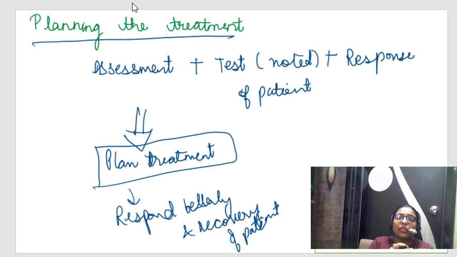Then you plan the diagnosis, and after the diagnosis you plan the treatment accordingly. Where the patient is lacking, or what abilities of the patient you can strengthen, or what the patient is not able to do, you plan the treatment with the best possibilities so that the patient responds in a better way and gets recovery. So this is the whole motive of exercise therapy.